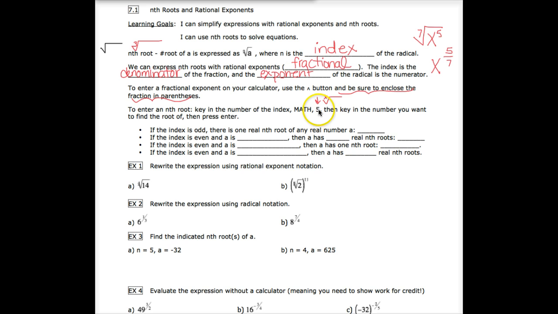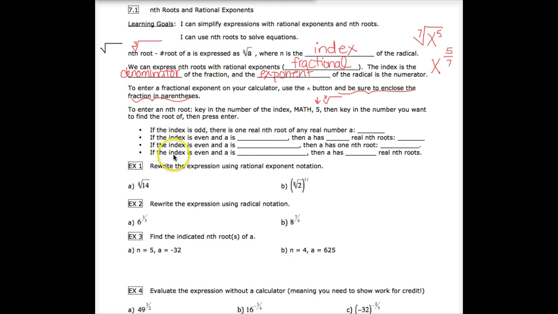So you're going to choose that one, and then you just key in whatever number you want to take the root of and press enter. Now remember, your calculator is not going to calculate roots of something that's a variable. So you can only press things in if they have number bases instead of variables.